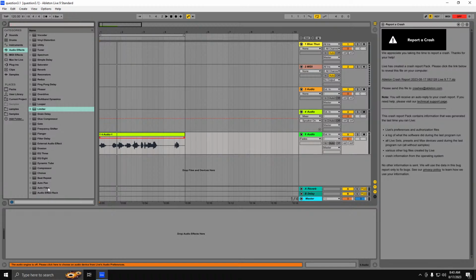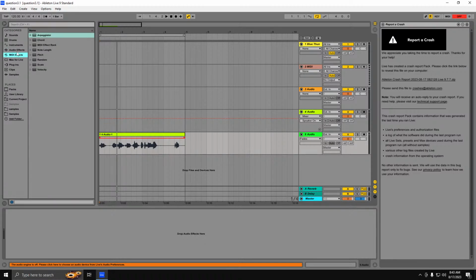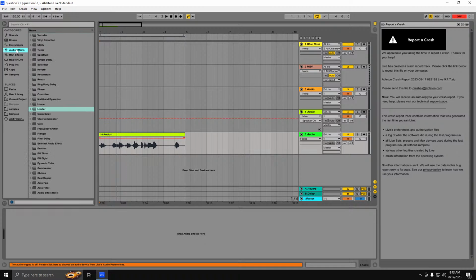That's crazy. I know I have it because I could have sworn I just used it. What in the world? Maybe it's called Redux. Is that it? Bit reduction, okay.